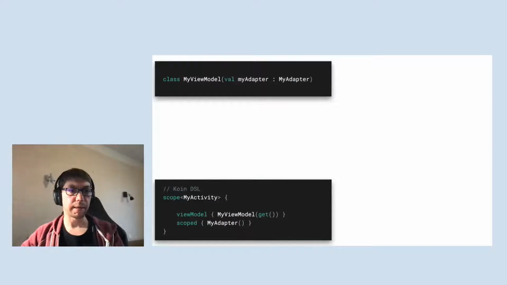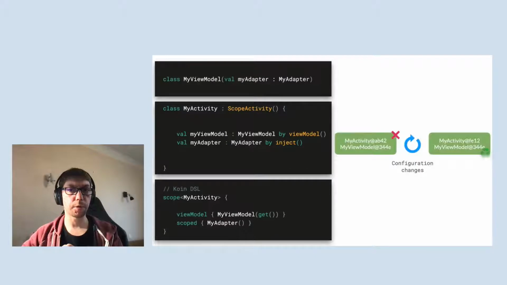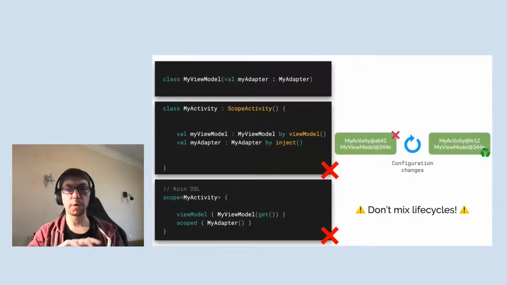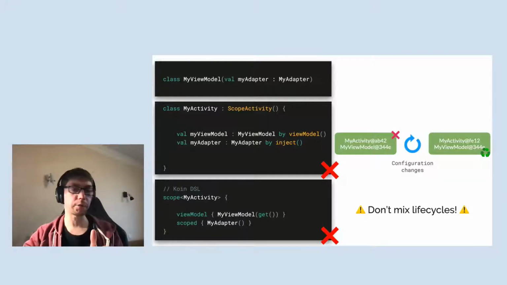But one thing here is that if we are using scope and view model, we may lead into a mixing of life cycles. That means that we will have objects held in a scope, whereas the view model will be held in the Android life cycle system.